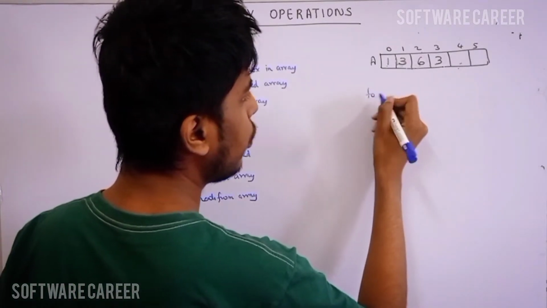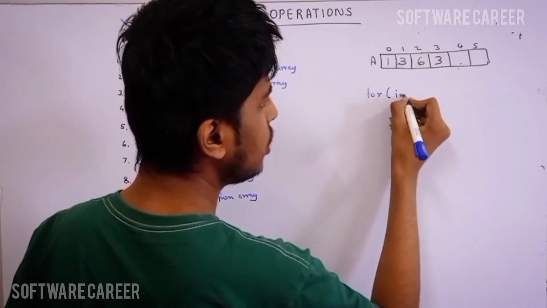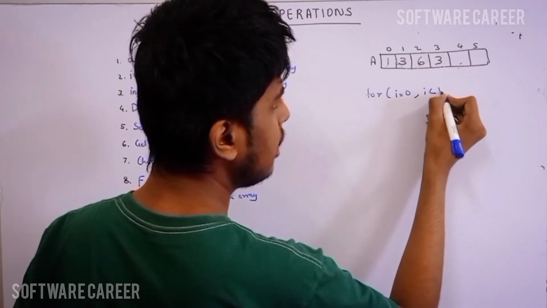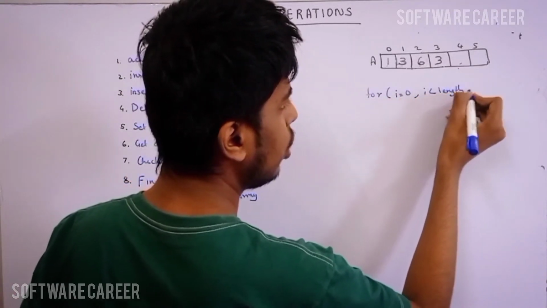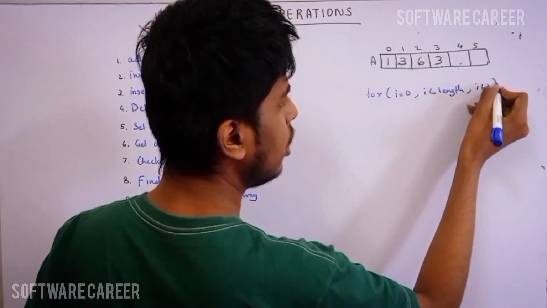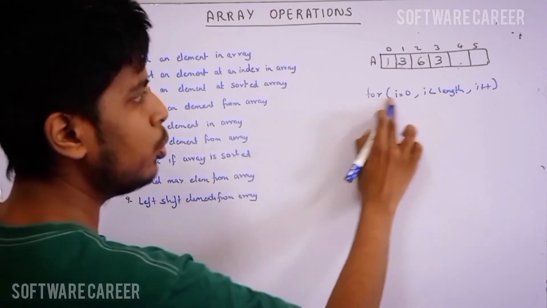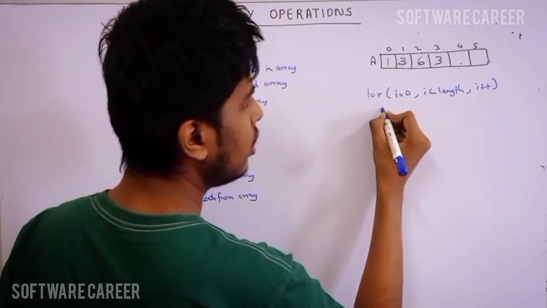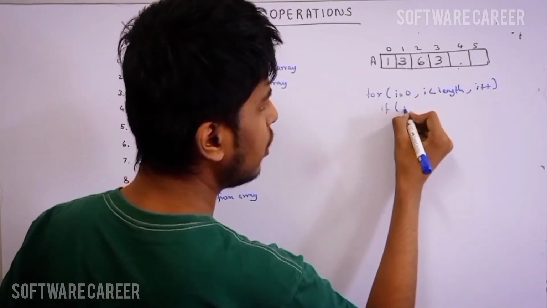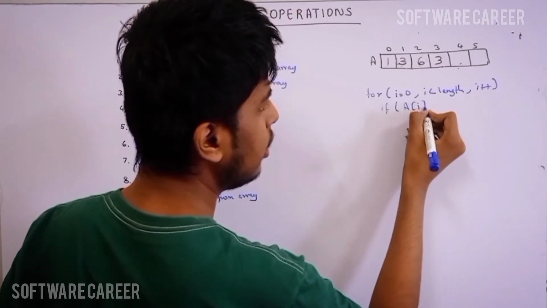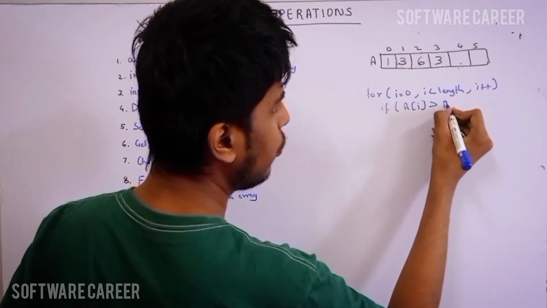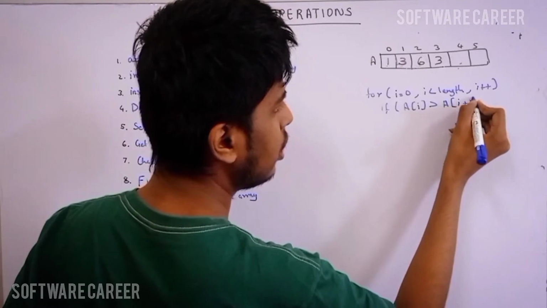Now for i equals 0, comma, i less than length, comma, i plus plus. I am moving from the 0th index to the last index, so I am writing a loop here. Now I should compare. The condition I am writing: if a of i greater than a of i plus 1.